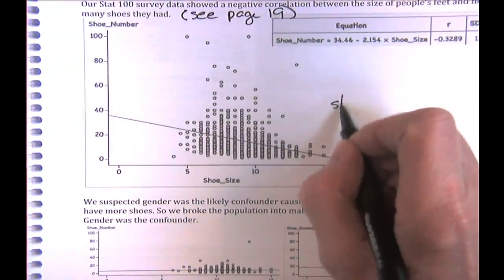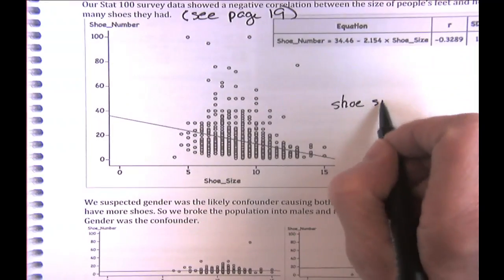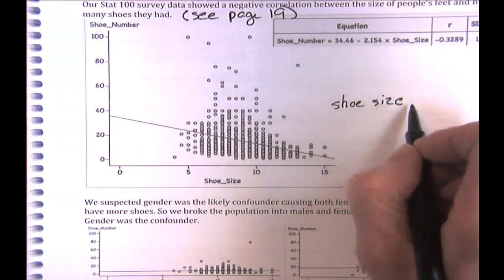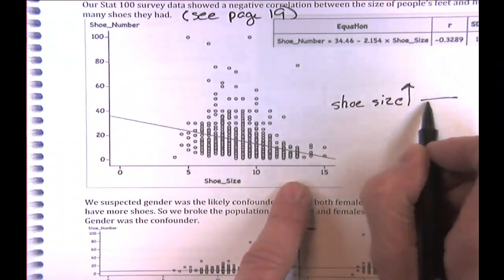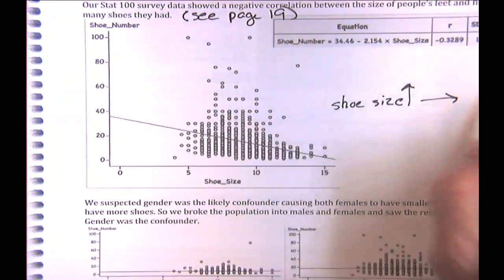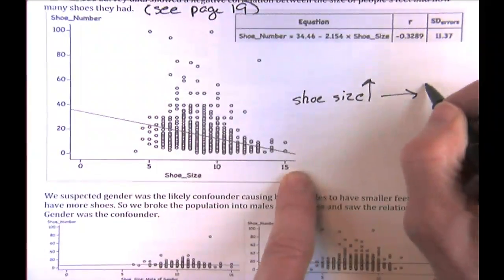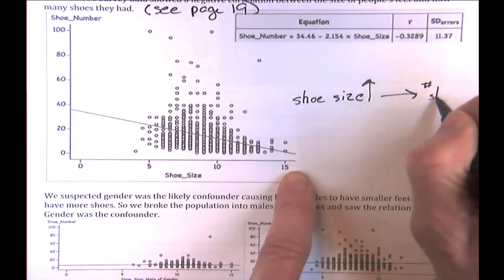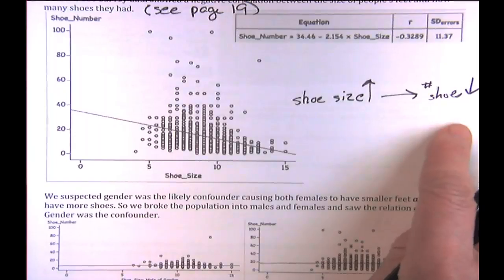And we ask, as your shoe size, how large your foot is, goes up, does that really cause the number of pairs of shoes you have to go down? That doesn't seem likely.